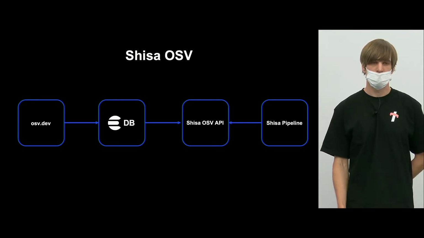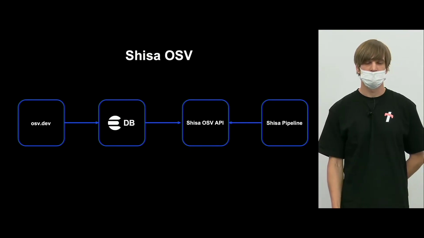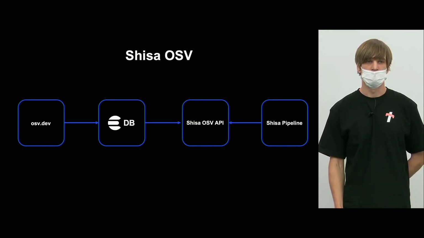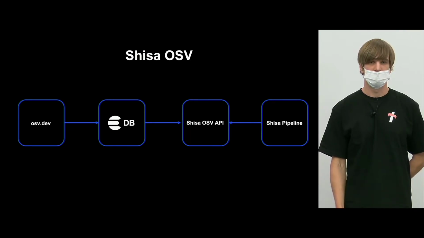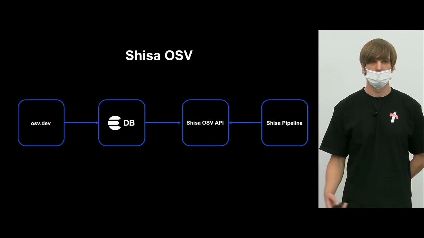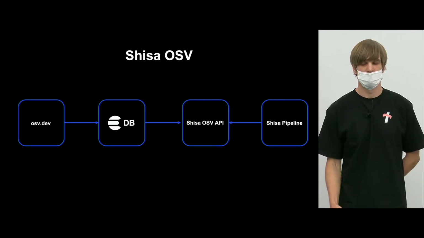When the Shisa pipeline gets a report, it extracts the SBOM information and sends it to an API. This API then queries the database and gets back the vulnerabilities that affect the SBOM. That information is then handed back to the Shisa pipeline, which enhances the report.